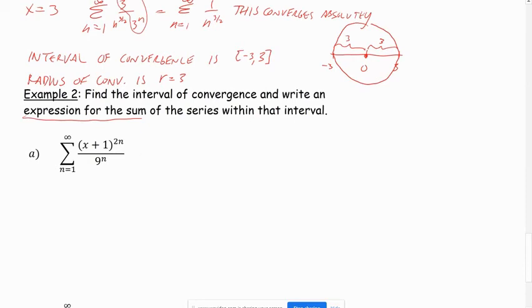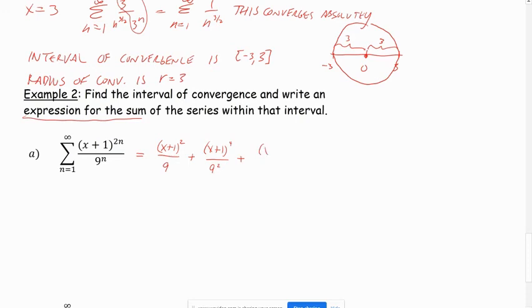And so if we expand a couple of terms here, it'll be easier to figure out what our common ratio is. This is geometric. When you plug in 1, we get x plus 1 squared over 9. Then when you plug in 2, you get x plus 1 to the 4th over 9 squared.